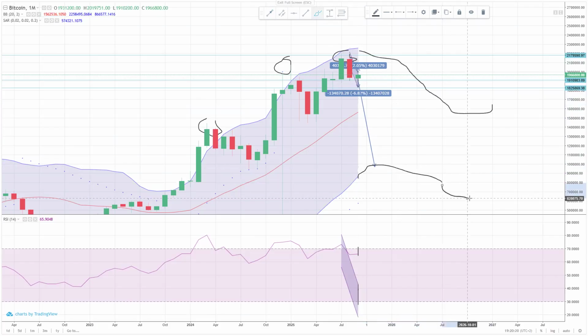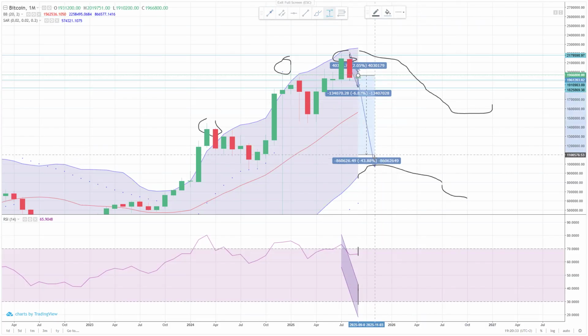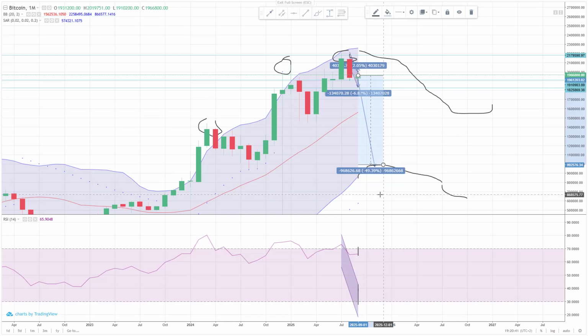Something like that. So we might see not just a 6% drop, but we might see, let me just use the relevant tool, we might see a 50% drop.